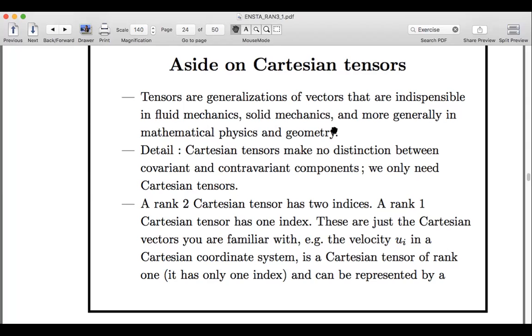But you're actually using tensors without giving them the name. So I like to just tell you what these mathematical things are, because they're extremely powerful and useful tools, even if we don't have time to go into great generality about tensors.